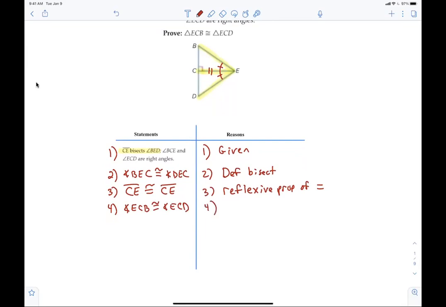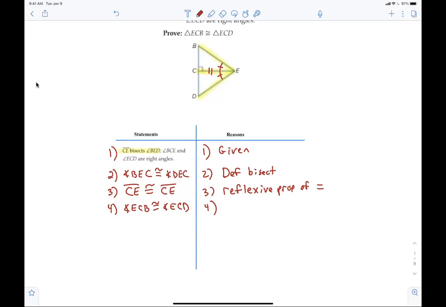Yes, that is true. And why is that? Angle, side, angle? No, I only have an angle and a side. I can't say angle, side, angle. I only have an angle and a side. Right angles are congruent. All right angles are congruent.